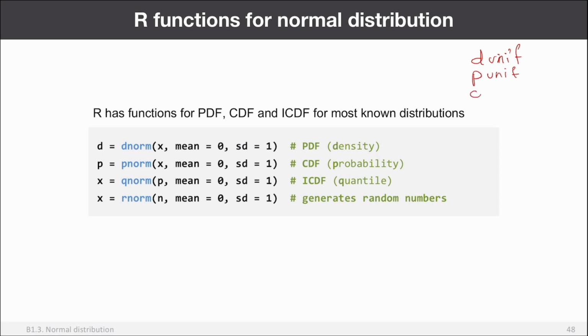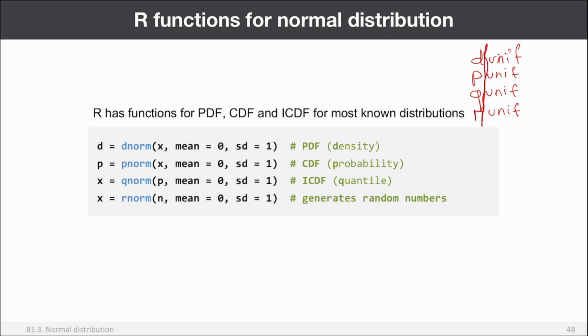And then we had the Q function that provides the quantiles, the value for a given probability, qunif. And then finally, we also used in one of the examples the R function, which takes a random sample from the population, right? So you remember that this D, P, Q, R is the name of the functions: density, probability, quantile, and random. And unif is the name of the distribution.